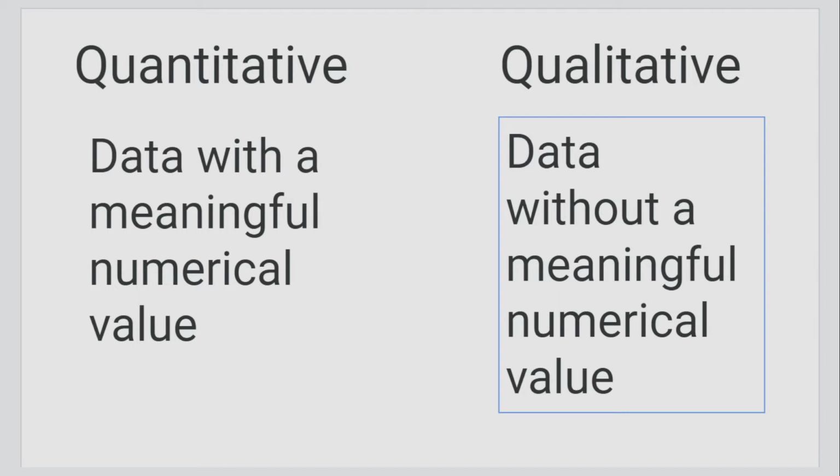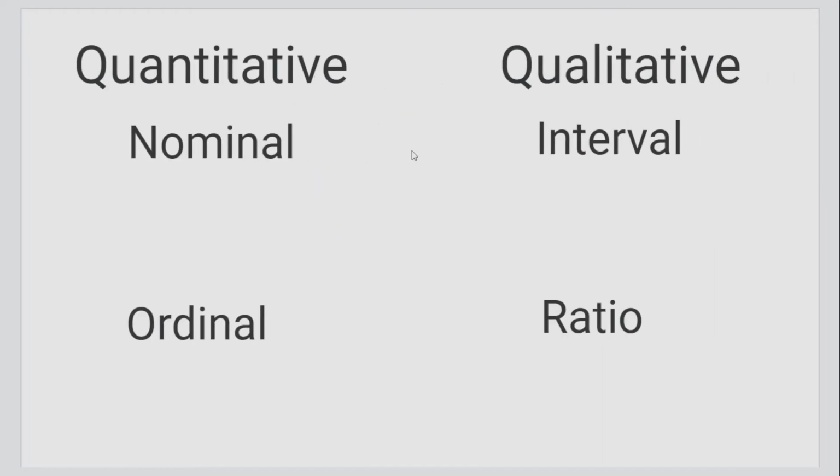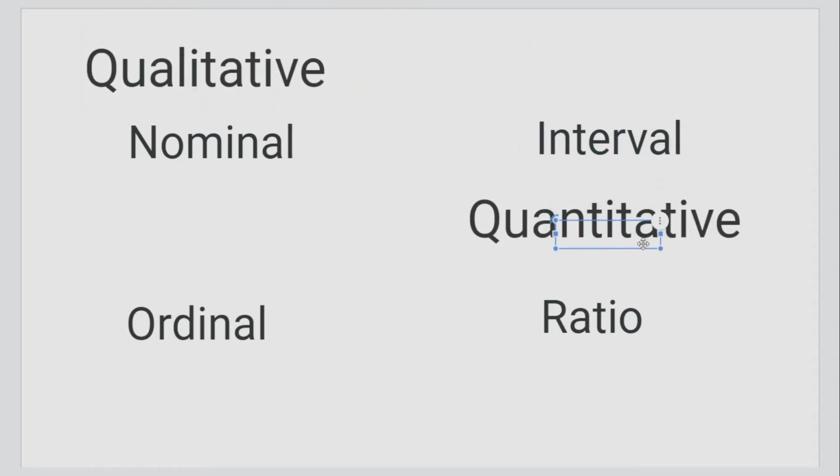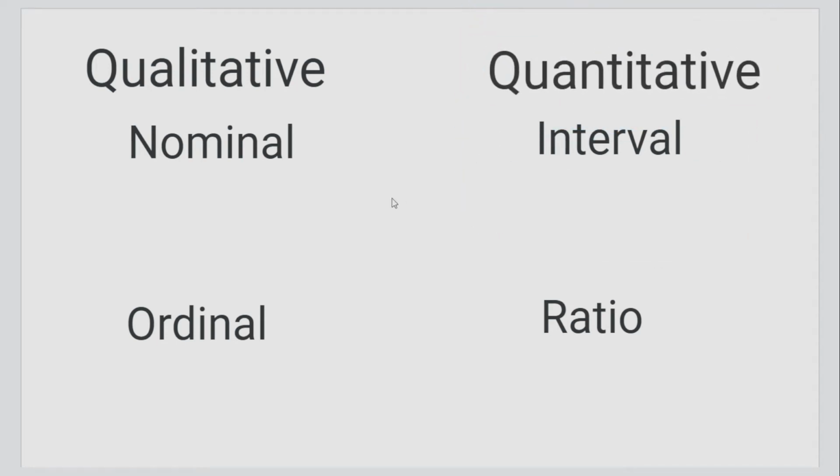Okay, and so now we're going to be looking at levels of measurement. There are 4 levels of measurement grouped underneath quantitative and qualitative, and I just realized that I swapped these. So sorry about this. Let me swap these real quick. Okay. So I swapped the positions of these.